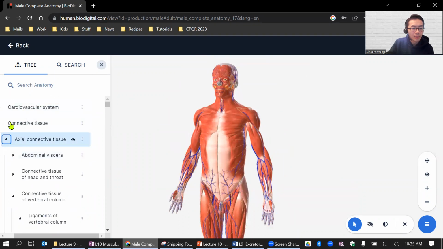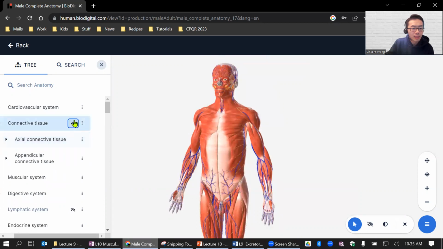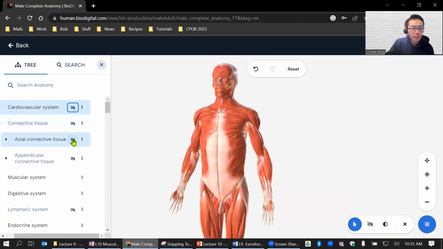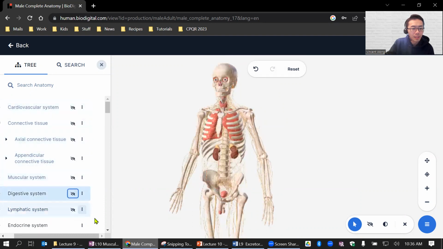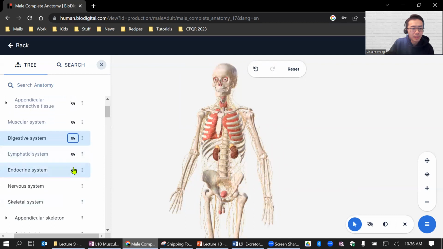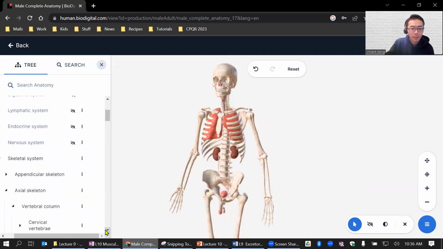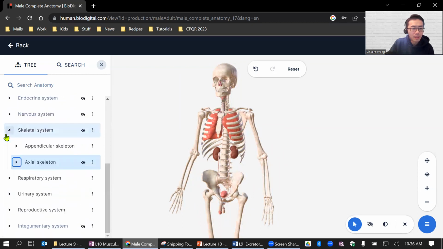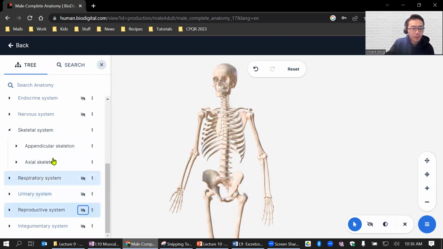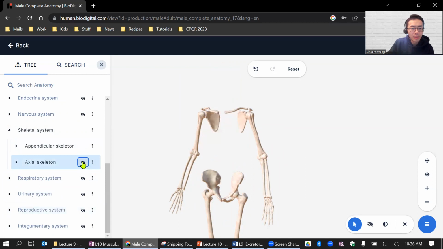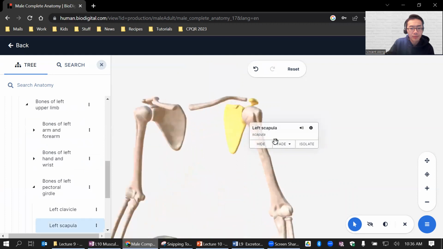Okay, I don't want the connective tissue. Hide that. Okay, please be patient with me. Endocrine, nervous. Okay, what else is there? Those are the kidneys? We're gonna get rid of those things as well. There we go. I don't need that anymore. And then we will look at the hand. Okay, there we go. Can I go in there?